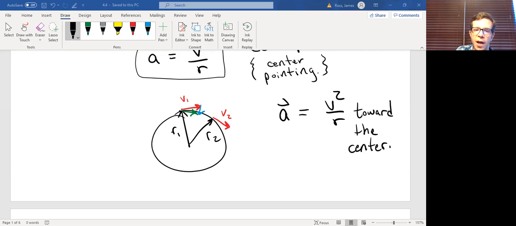So I have to actually aim my canoe upstream. So that the sum of the velocities is straight across.